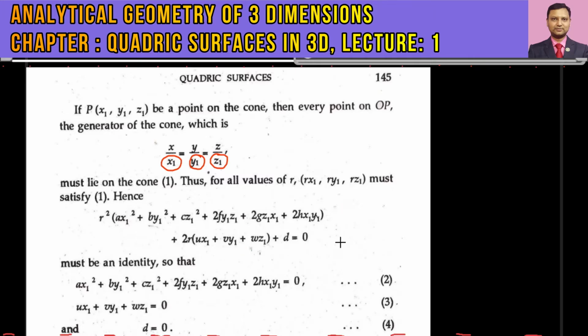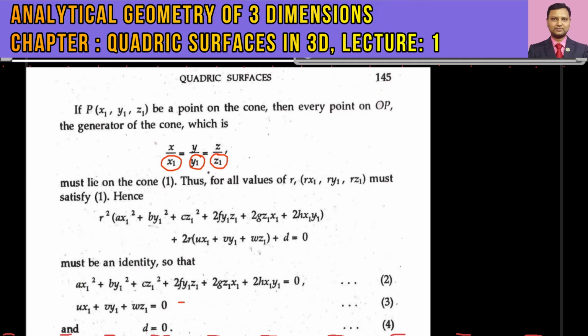All these three coefficients must be equal to 0, because this is an identity. So the first term, the coefficient of r square, must be equal to 0. The second term, the coefficient of r, should be equal to 0, and the constant term d should also be equal to 0.